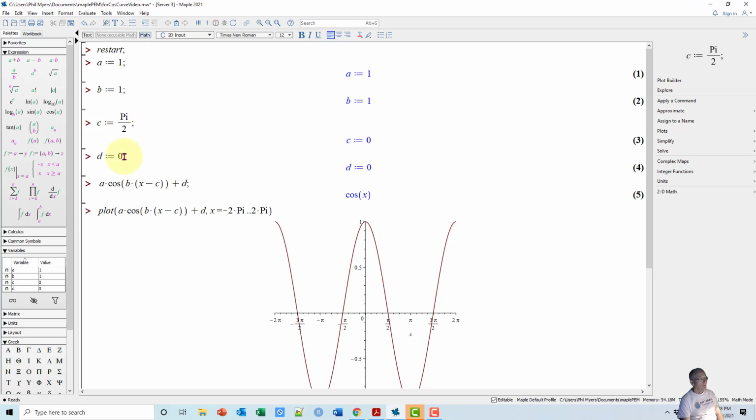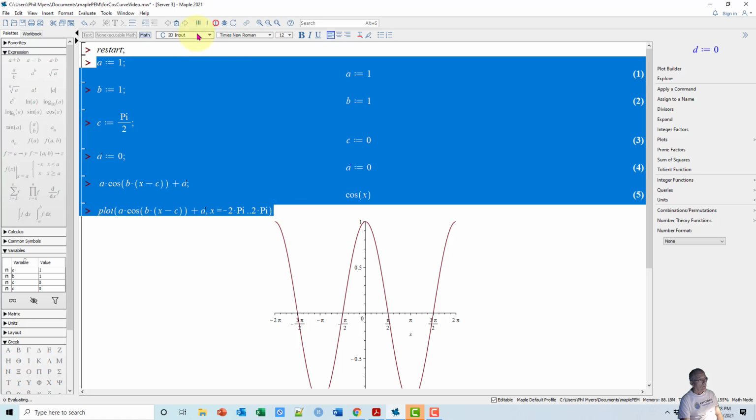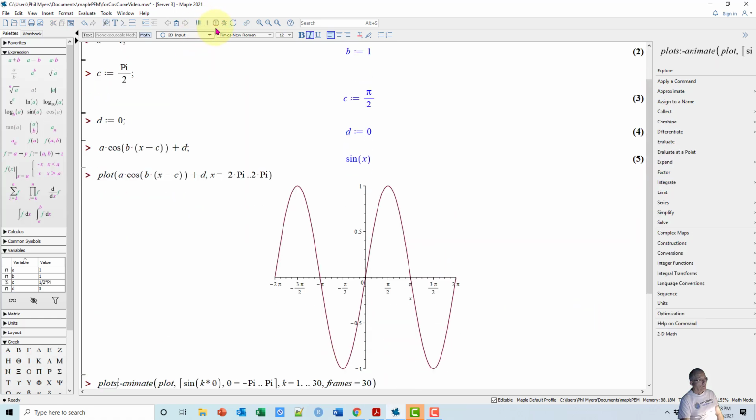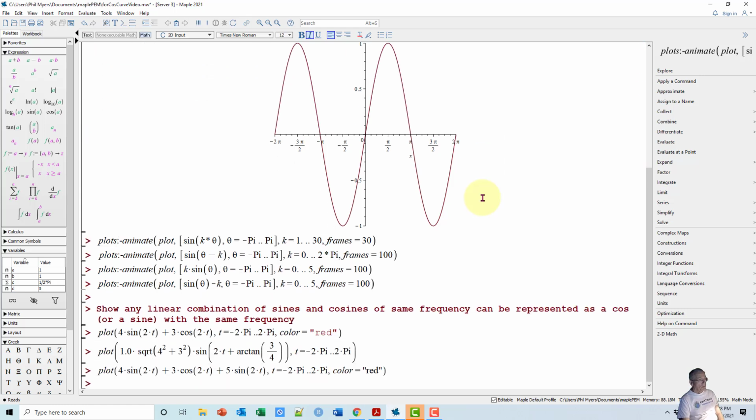So let's do that. And you can see this now is exactly the same as the sine curve. In fact, the Maple software, which is a computer algebra system, shows that this is in fact the sine of x.